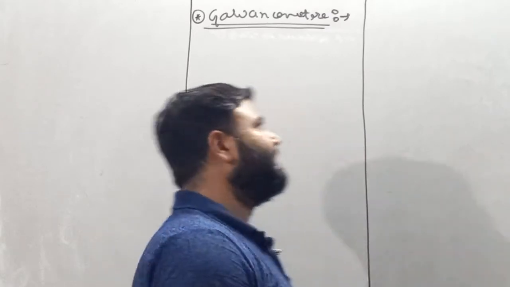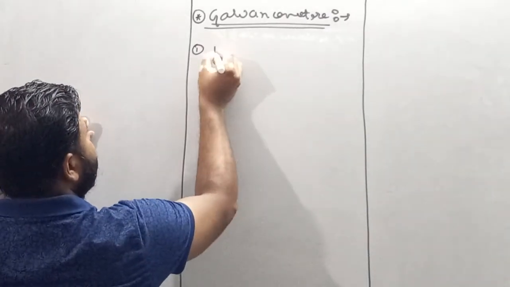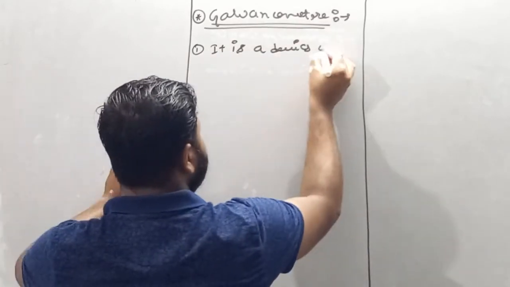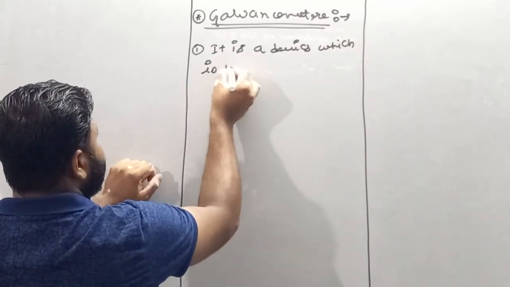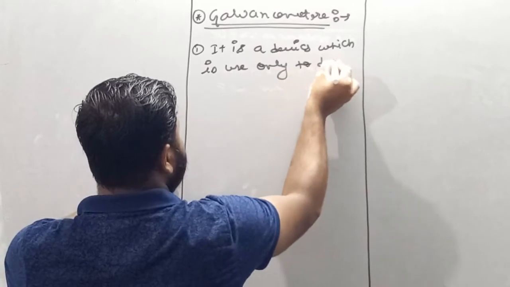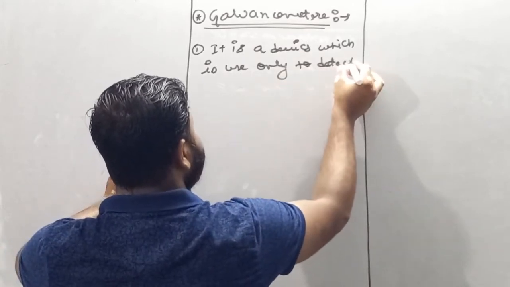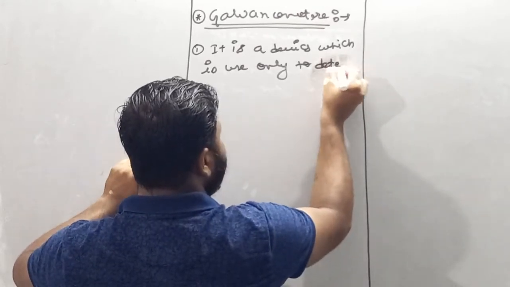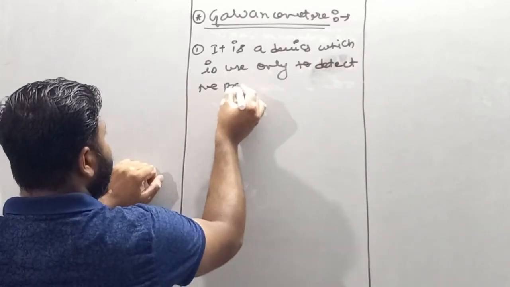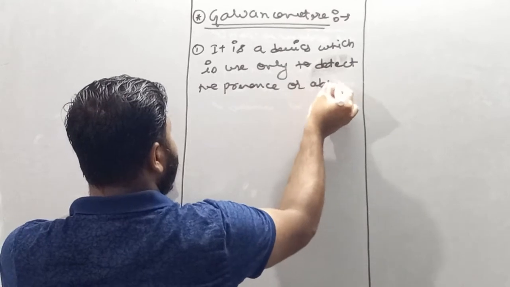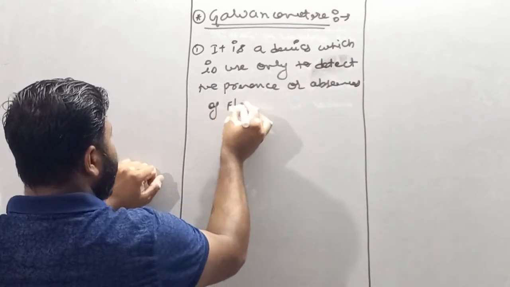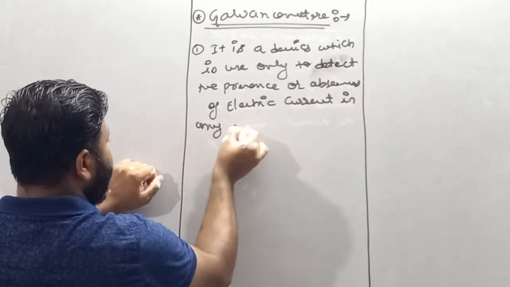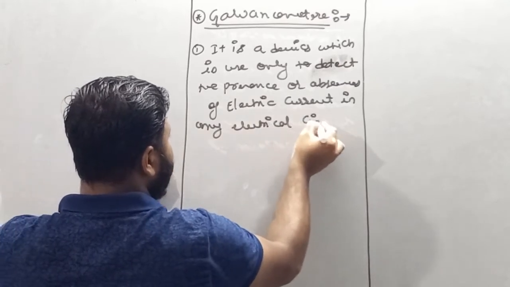So write down about galvanometer. The first thing about galvanometer is it is a device which is used only to detect the presence or absence of electric current in any electrical circuit.